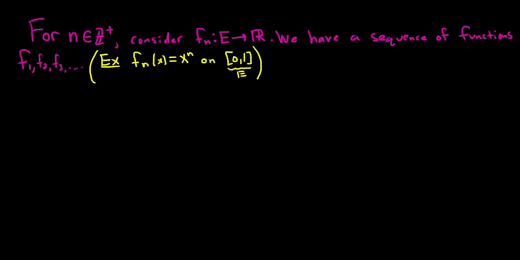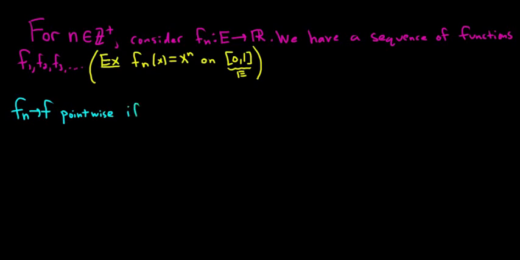Okay, now let's talk about pointwise convergence. We'll say that f sub n converges to f pointwise. So we're carefully going to write down what this means and then talk about what it means intuitively.